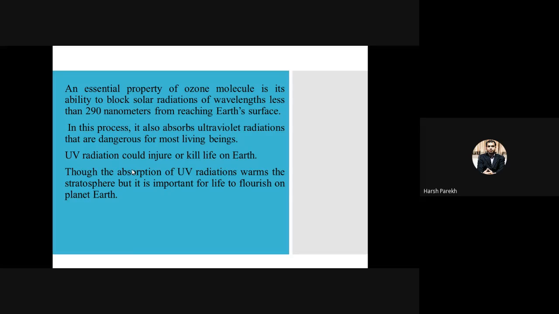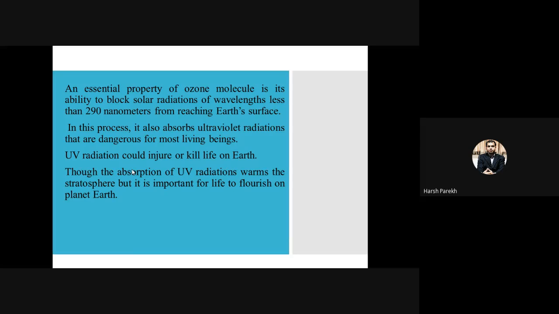So what is the role of the ozone layer? The role of the ozone layer is to protect living beings from the dangerous effects of ultraviolet rays. The ultraviolet rays could injure or kill life on Earth. That is the reason why we are thankful to the ozone layer.